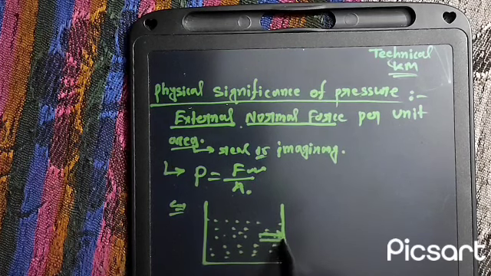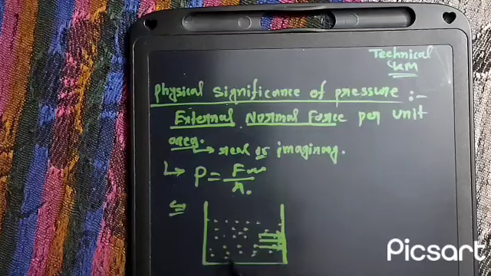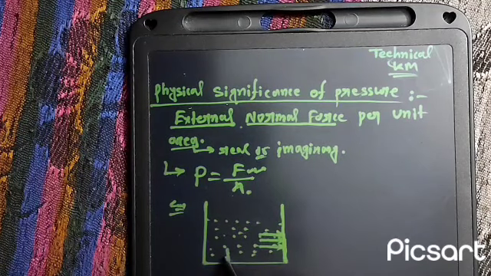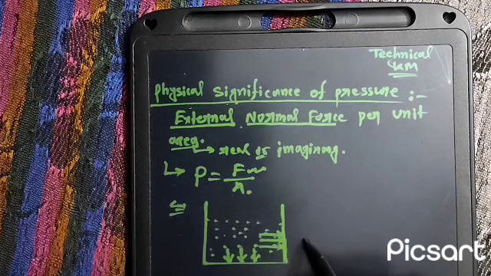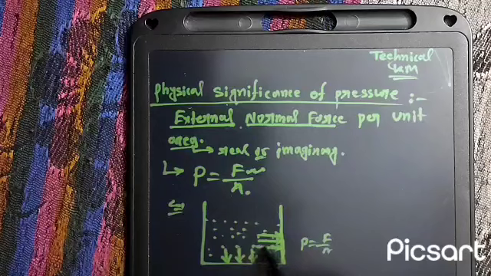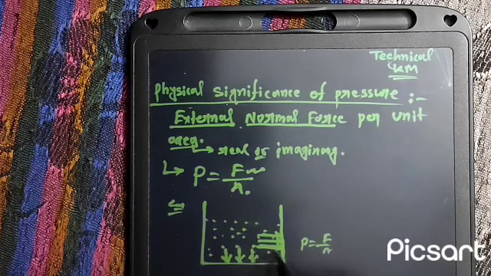On this wall the water force is normal, and also on this wall. The pressure is P equal to force by area. This force is a normal force, an external force, not internal.